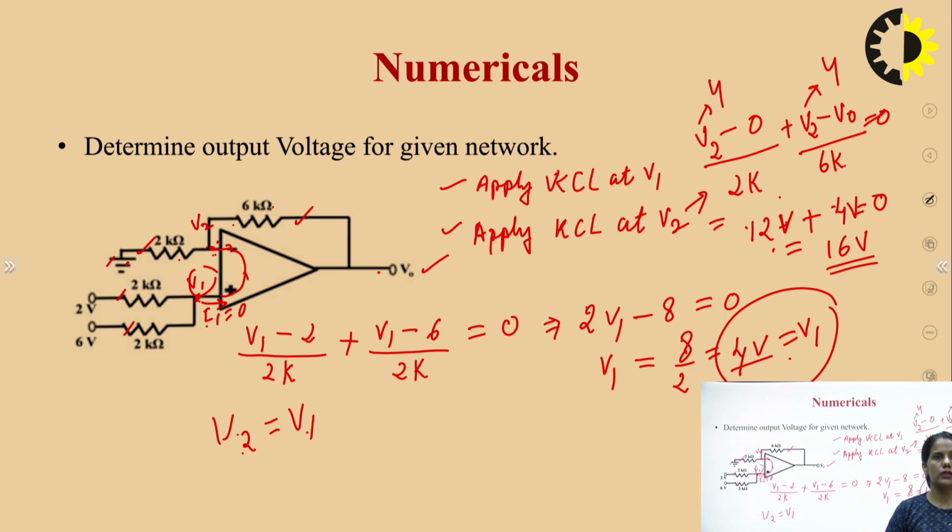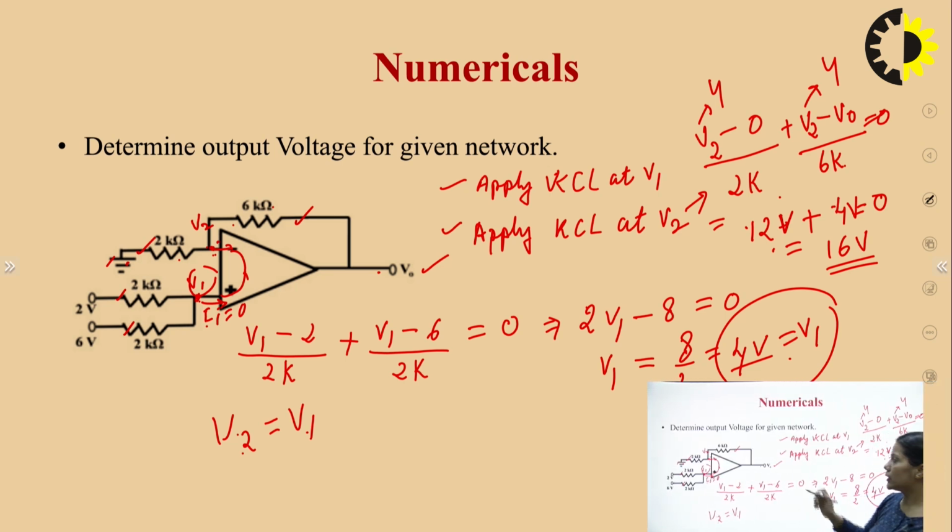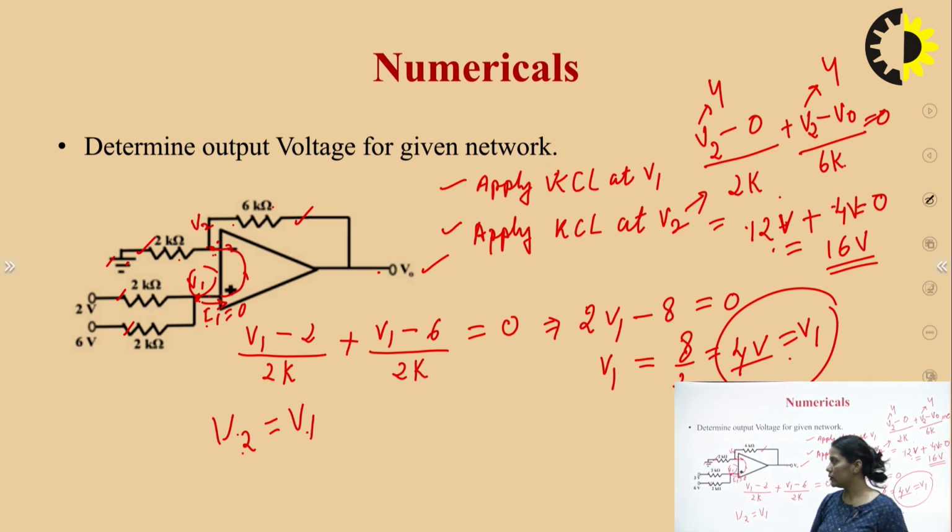numerical depends on these rules, that you have to apply KCL at node 1, that is the non-inverting terminal. First of all, you will always solve the voltages at the non-inverting terminal, and in the next step you will solve voltages at the inverting terminal.